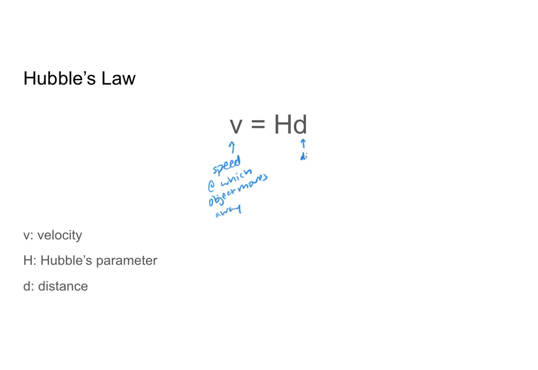One thing we can learn from this is that the farther an object is from Earth, the faster that object is moving away. So the farther the distance, the faster the speed.